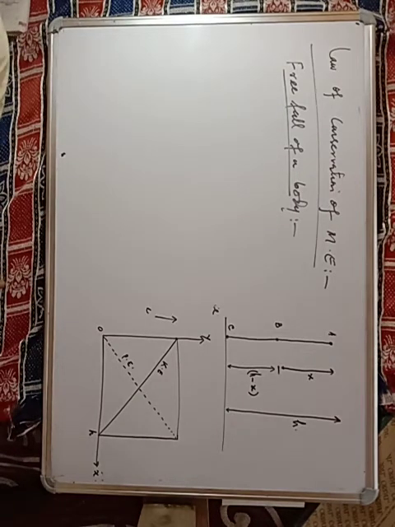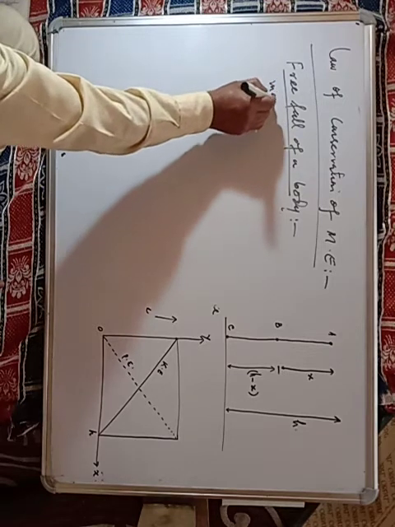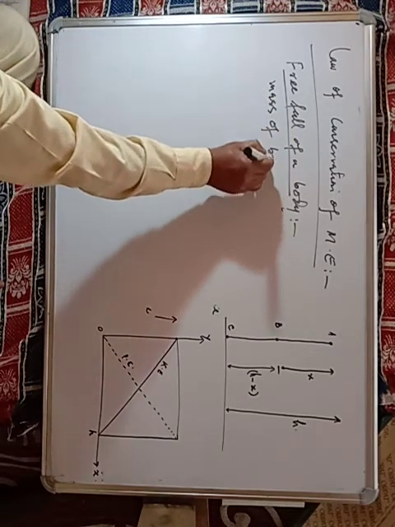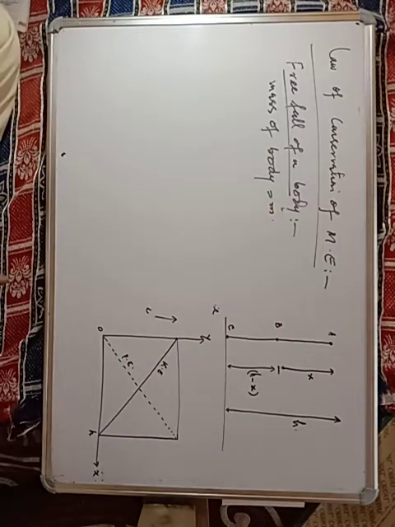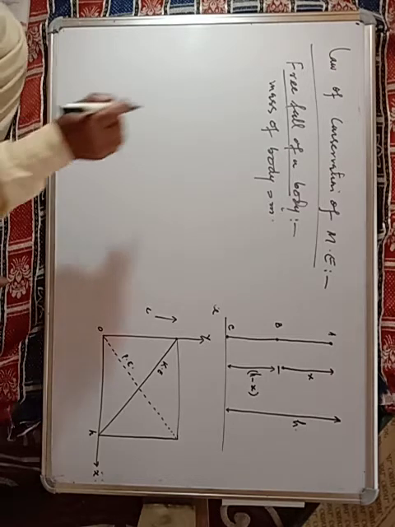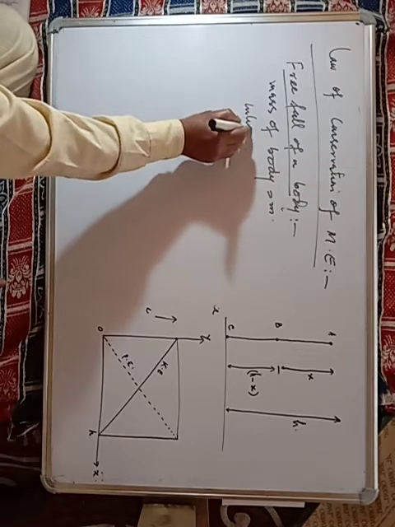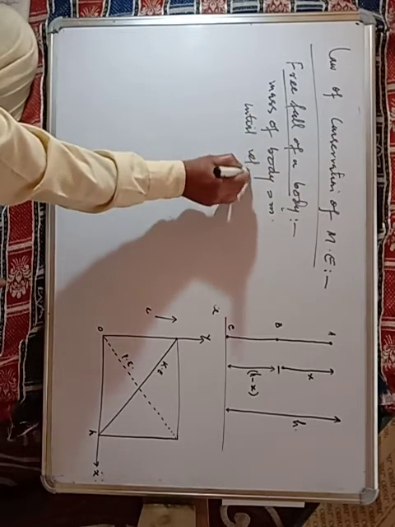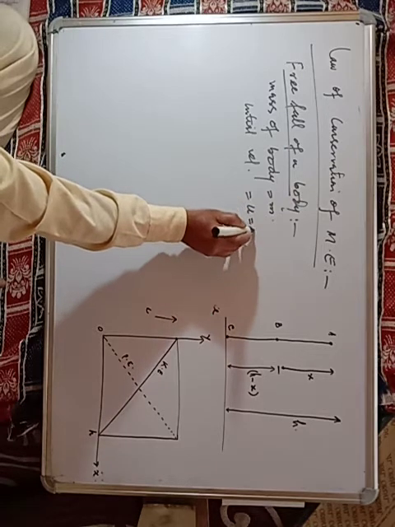So consider the free fall of a body, where the mass of the body is equal to m, whose initial velocity is equal to u, which is equal to 0.